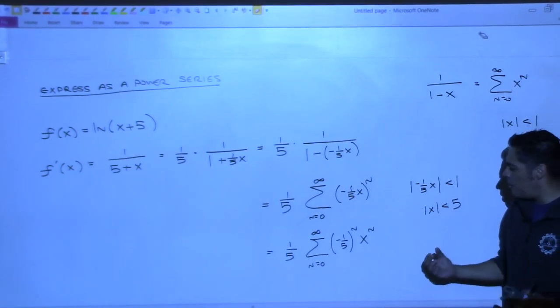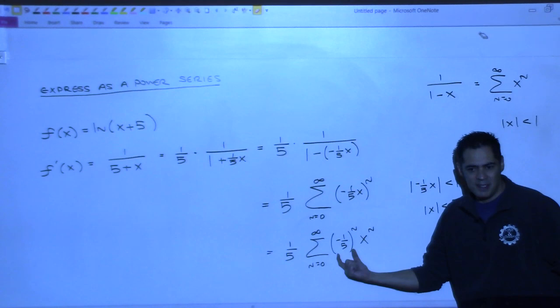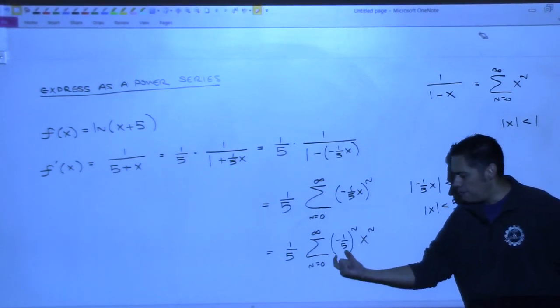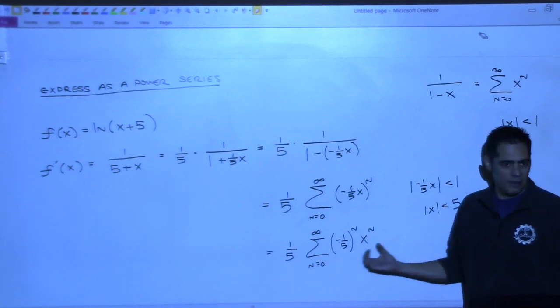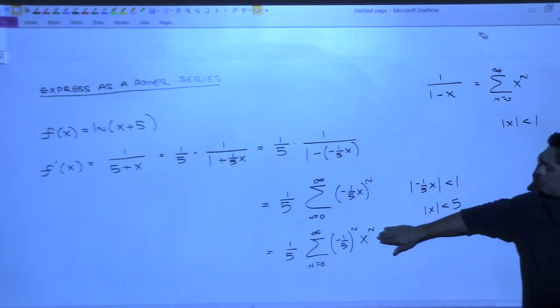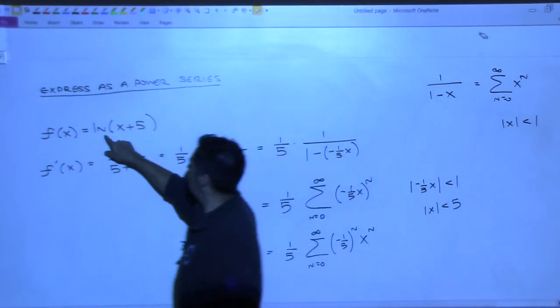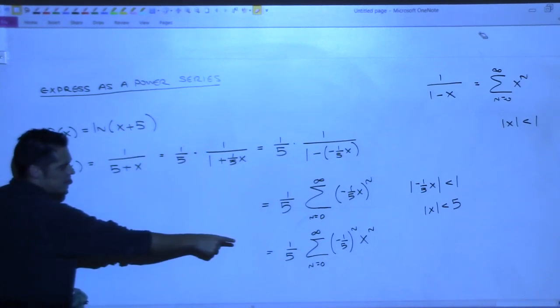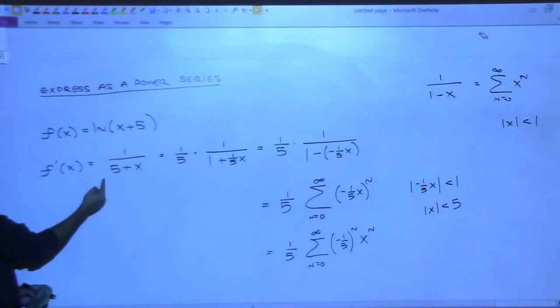And that's because for power series, this is my c sub n, and this is my x minus a to the n. So now I have c sub n and x minus a to the n separated, right? Any questions on this? Okay, is this the power series for this? No. That is the power series for the derivative of that, right?